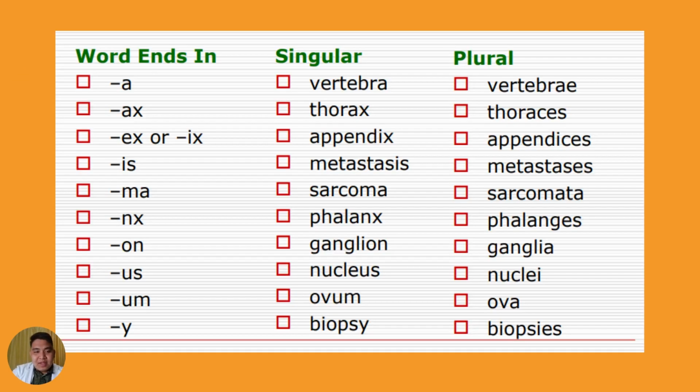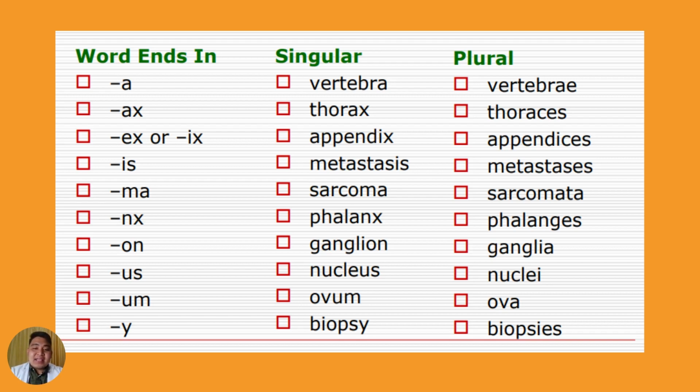Next, here are examples of different terms. Word ends in a, add e. Vertebra: to make it plural, add e, vertebrae. Word ends in ax, or thorax, add es to make it plural, thoraces.